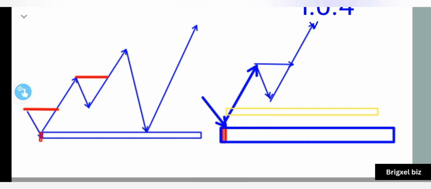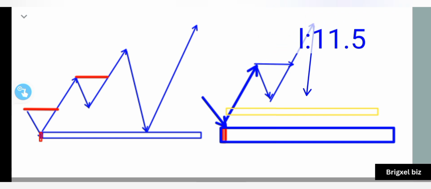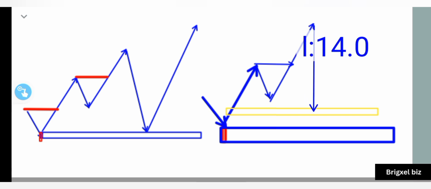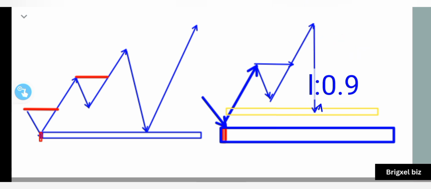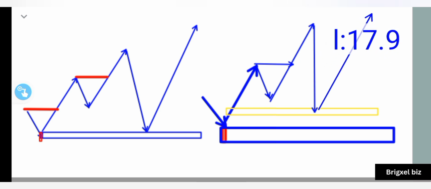Then we would expect the next move to start rejecting from the fair value gap. It does happen like that sometimes, and then the price of the asset pushes up like this. So sometimes the fair value gap above your order block can reject price. It happens sometimes.